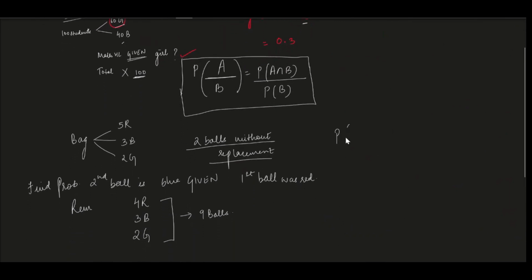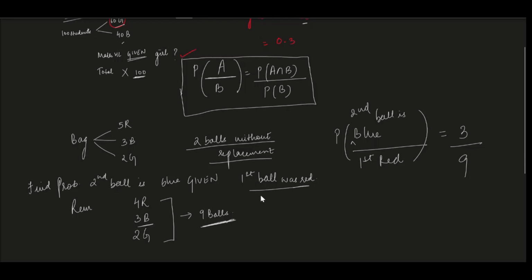We want the probability of the second ball being blue. So let's write the probability that the second ball is blue given that the first ball is red. It will be 3 over 9, because right now we have three blue balls, but the total number of balls has changed because we have already taken out the red ball.